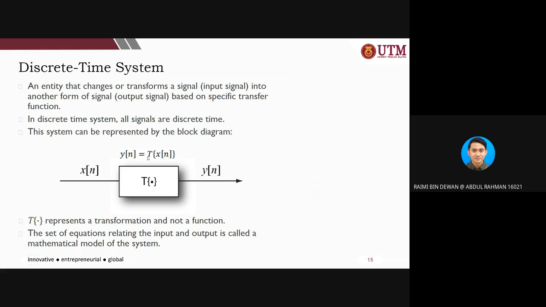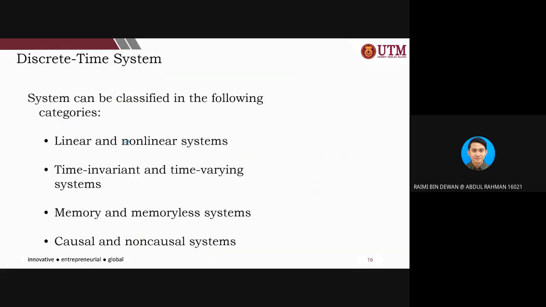So this is our mathematical model of the system. Discrete time systems can be classified in the following categories: linear and nonlinear systems, time invariant and time varying systems, memory and memoryless systems, causal and non-causal systems.